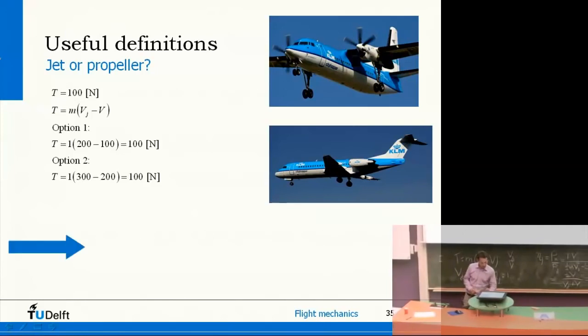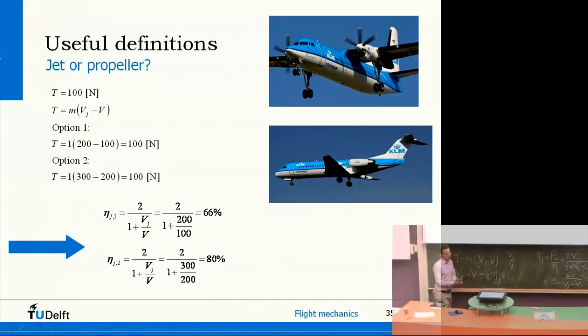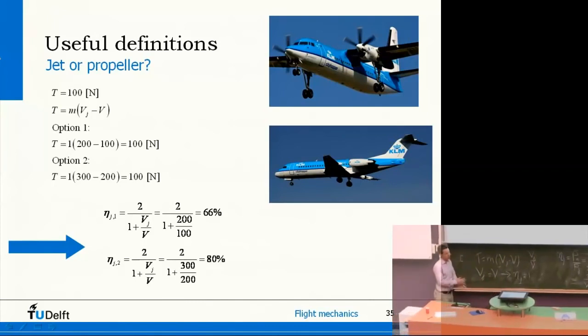So if you look at the first option, then the propulsive efficiency, if you type in the numbers, is only 66%. And in the second option, propulsive efficiency is in fact 80%. So if you give the same acceleration to a bit of air at a higher airspeed, second option, you end up with a better efficiency.